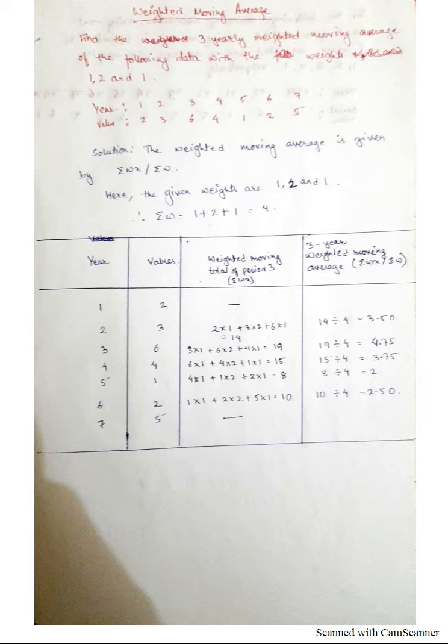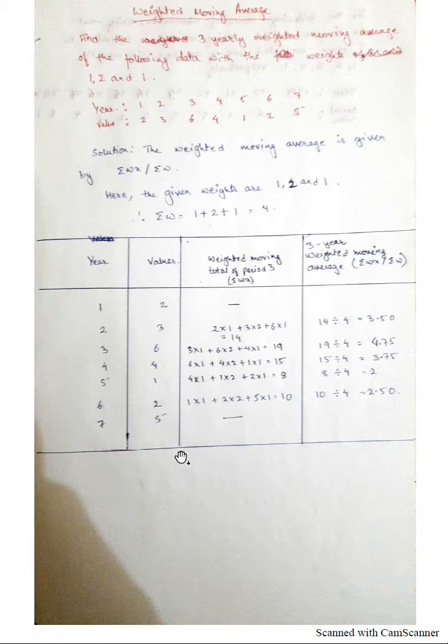Now the first thing we do is we put this in the first column. So in the first column we write 1, 2, 3, 4, 5, 6, 7. In the second column we write the values 2, 3, 6, 4, 1, 2, 5.